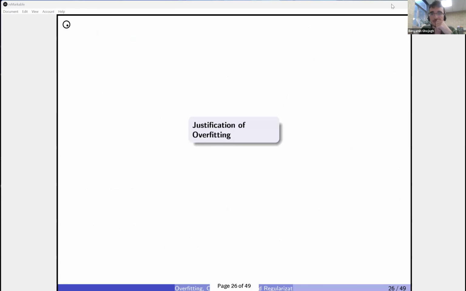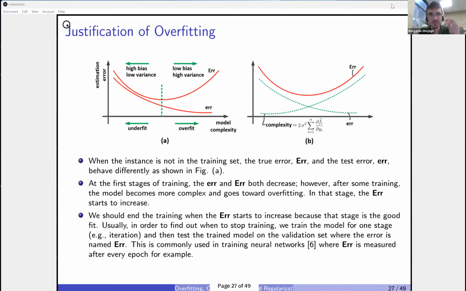Okay. Now justification of overfitting. So here, when the instance is not in the training set, the true error and the empirical error or test error behave differently. So which case is it? Do you remember?